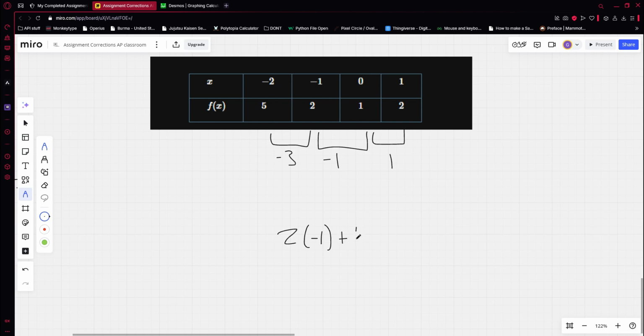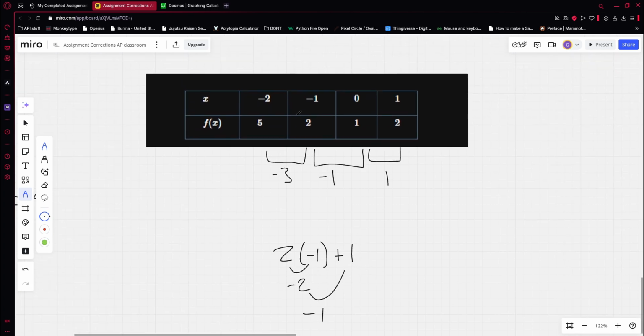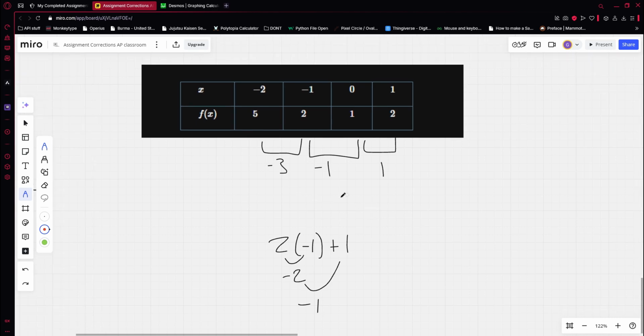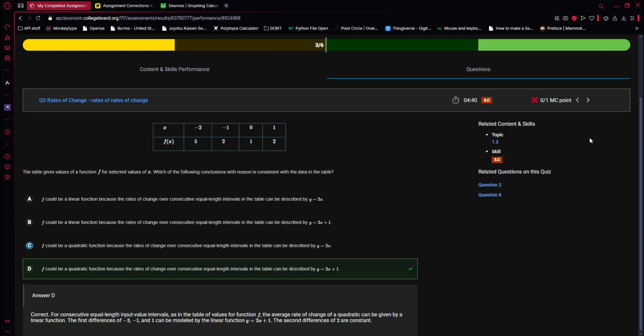Meanwhile, if we did 2x plus 1, negative 2, negative 1, let me switch to color, that matches up. And then if you plugged in all these other values, they would match up too. So it is 2x plus 1. As much as I hate to admit it.